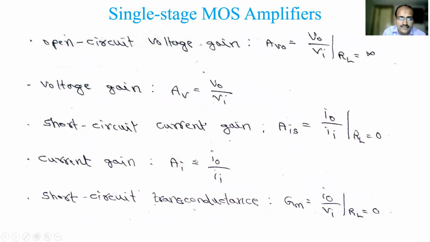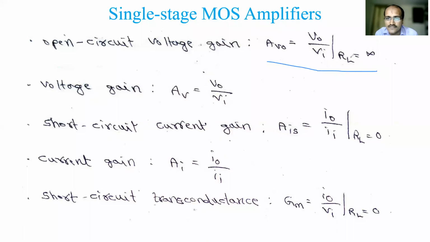Next set of parameters, open circuit voltage gain. Previously I defined it in the unilateral amplifiers, right? Open circuit voltage gain is denoted as Avo. Avo is given as Vo by Vi when RL is equal to infinity, which means there is no load connected.